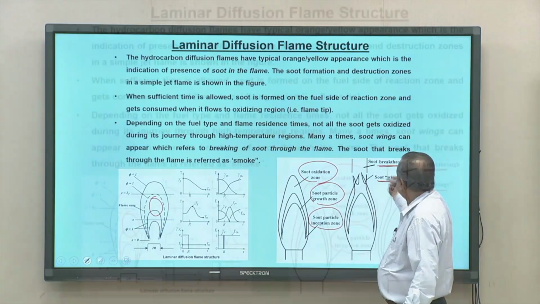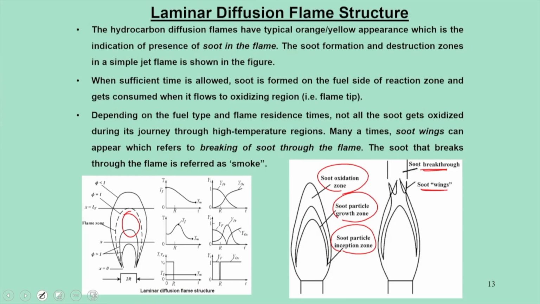That phenomenon is typically called soot formation or wings, and they finally break down. When they finally break down, we call them smoke. So this process talks about how the soot formation finally evolves down to smoke. It starts at the flame tip region and boils down to smoke if they are not combusted properly.